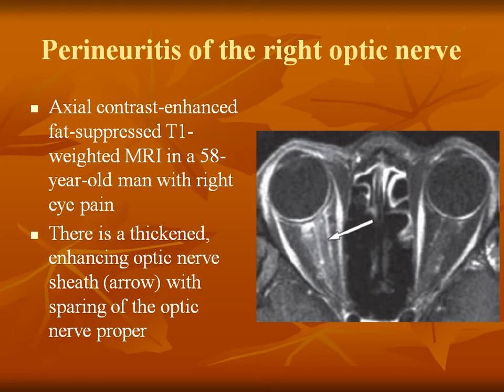You should decide whether this is a normal optic nerve in comparison with the other side or abnormal, because if the optic nerve is normal and there is optic nerve sheath abnormality, then there is perineuritis. You should be very careful in evaluating this part.